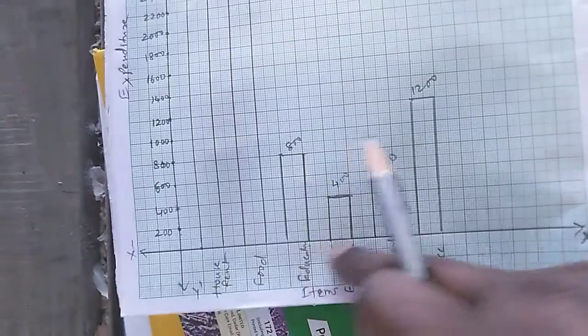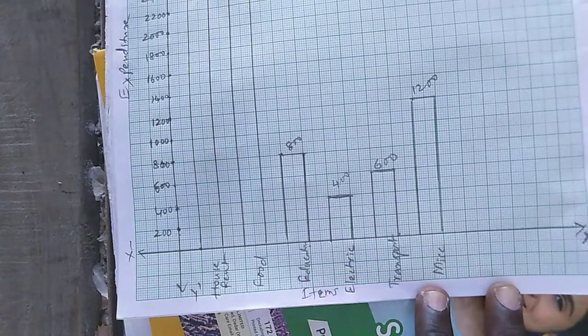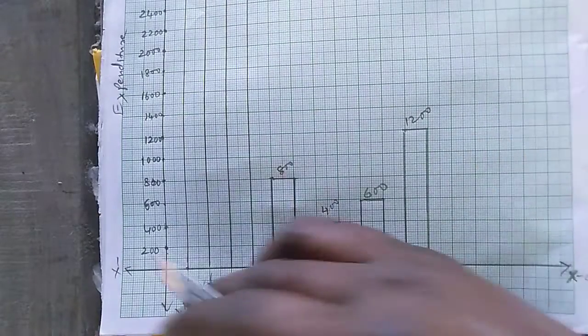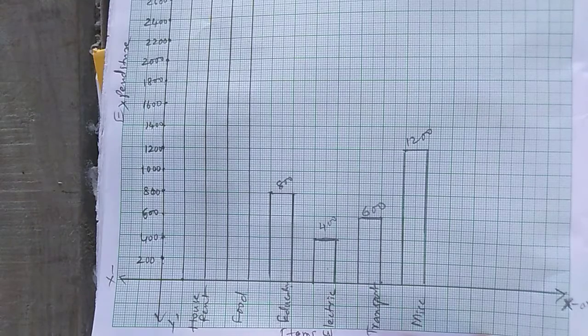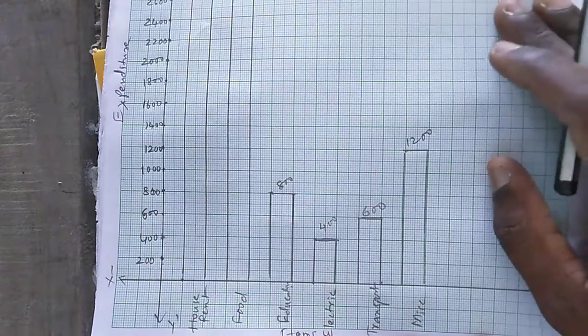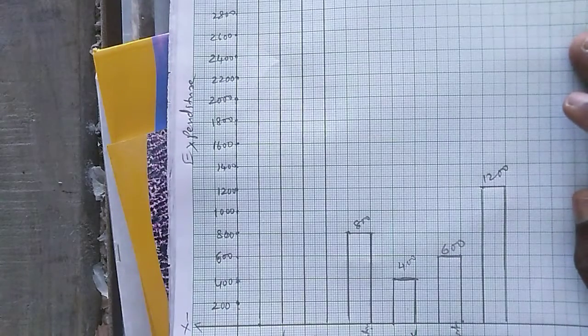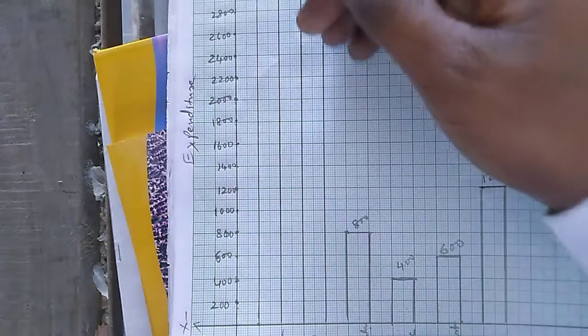This is the better way. So on the x-axis you show the means of transport, whatever is given: car, bus, train, aeroplane, all that you indicate on the x-axis. And the time taken for traveling, by car 8 hours, by bus 15 hours, by train 12 hours, aeroplane 1 hour, the time you indicate on the y-axis.